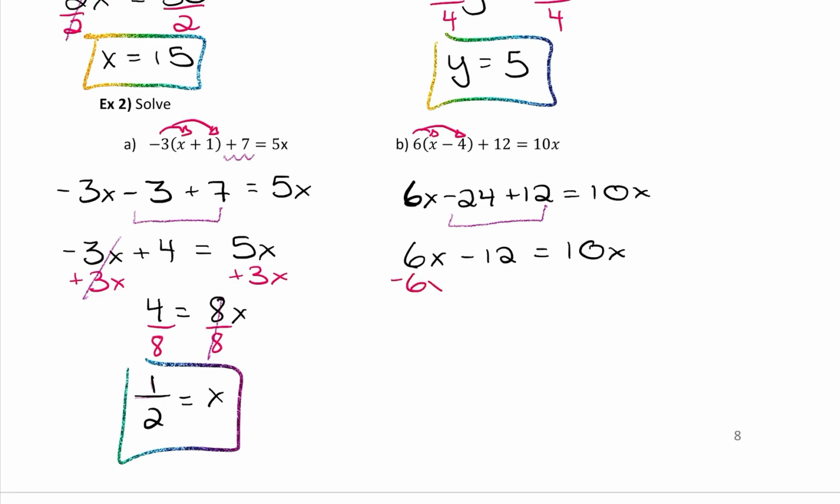So I'm going to get rid of the 6x by subtracting both sides by 6x. So on the left, it's now 0. Minus 12, don't forget that negative is attached to the 12 there, equals 4x. Now I need to get rid of the 4 attached to the x by multiplication by dividing both sides by 4. So negative 3 equals x.